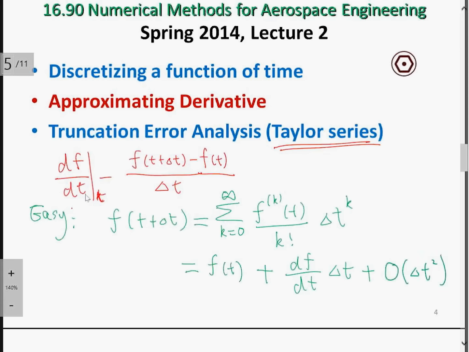Has anybody seen big O notation before in this context? You did, okay. What this means is that this can contain infinitely many terms, as long as all of them have delta t squared, delta t cubed, or delta t to the fourth, anything of order two or more, which is true for all the other terms in the Taylor series.